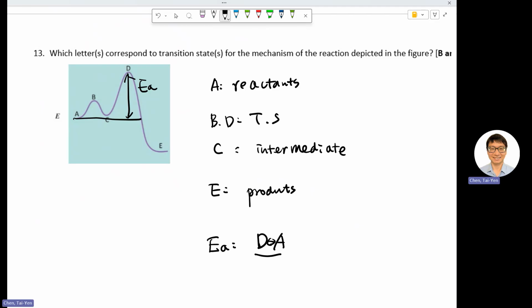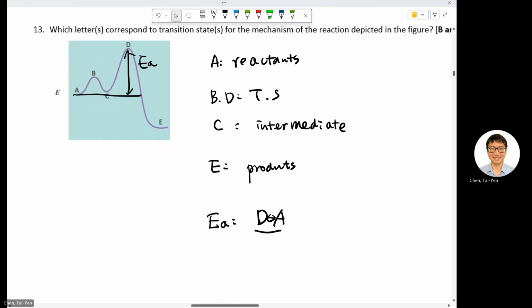So remember, your reference point is always your reactant. Always. Okay. Is this reaction endothermic or exothermic? Exothermic, how do you know?